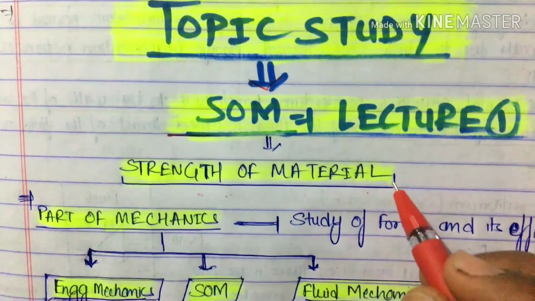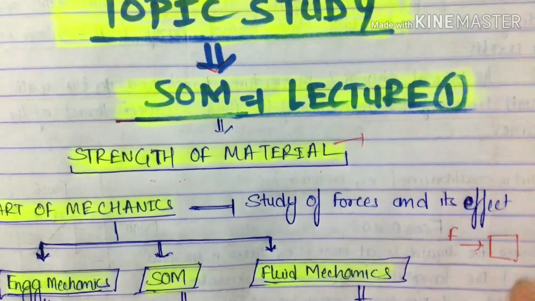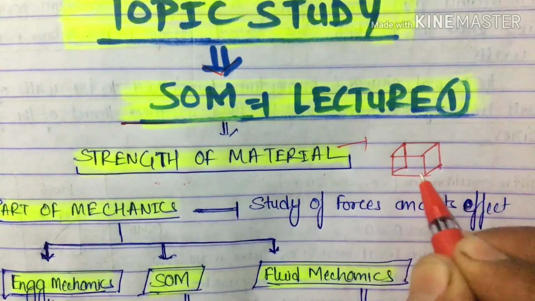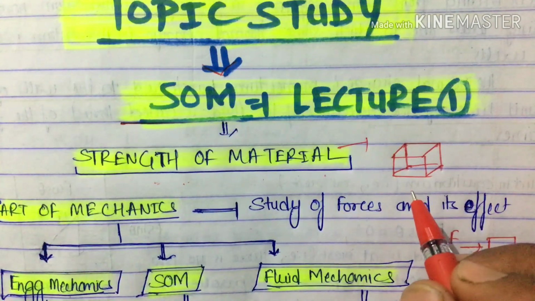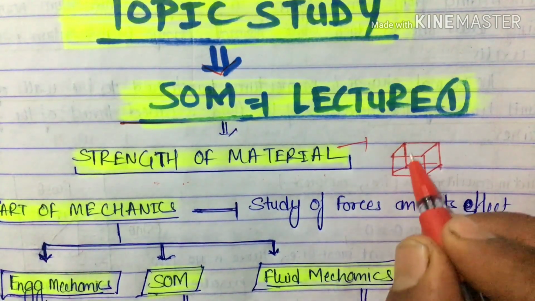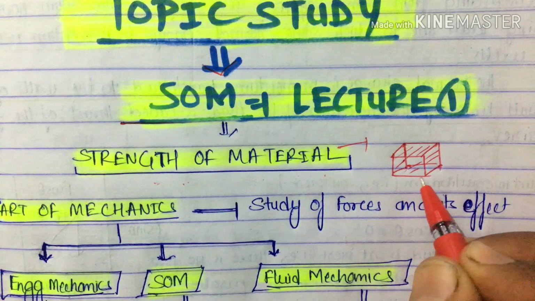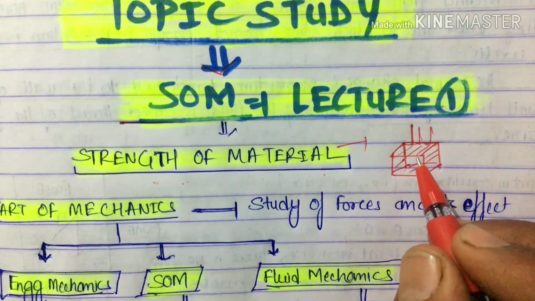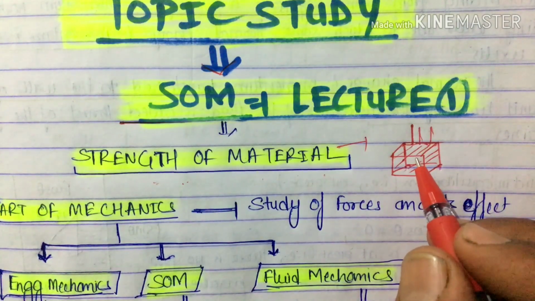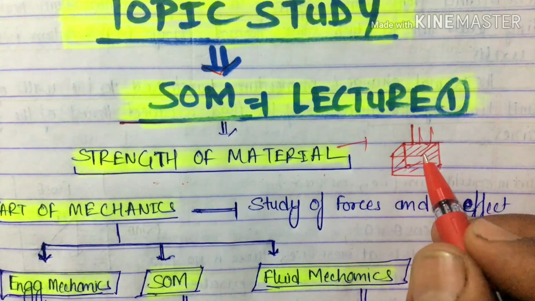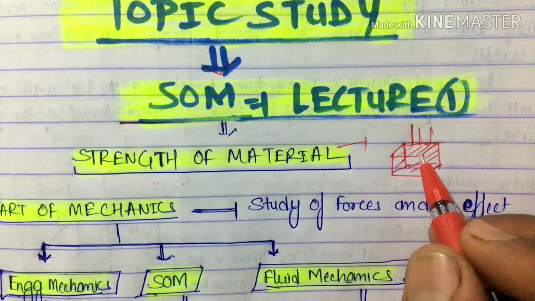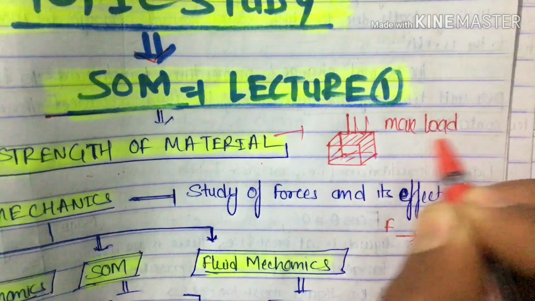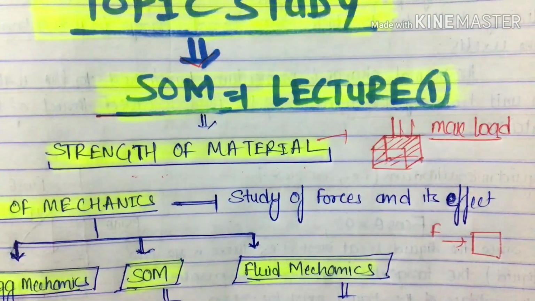Another thing is that material can be anything. If we are a civil engineer, concrete and steel are the most widely used materials. So this is a block of concrete, this is the material. Now if you apply a load on this material, the maximum load that a material can take is known as the strength of that material.